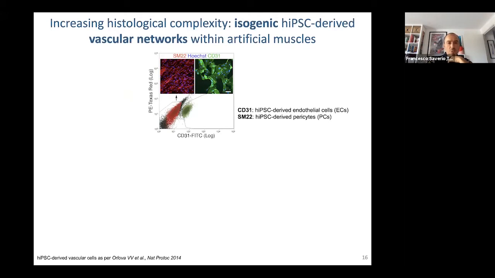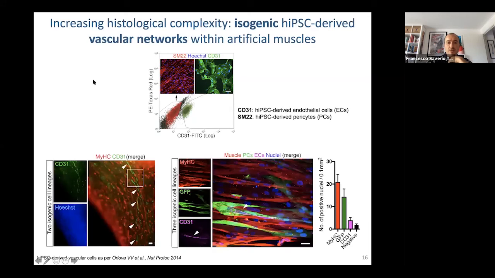And indeed, what we did was to add, as I said earlier, not only myogenic cells to our 3D construct, but also additional cell types to support them, such as vascular cells derived using Christine Mummery's protocol. And we obtained both endothelial cells, which are shown here by CD31 positive staining, and pericytes shown here by SM22 positive staining.